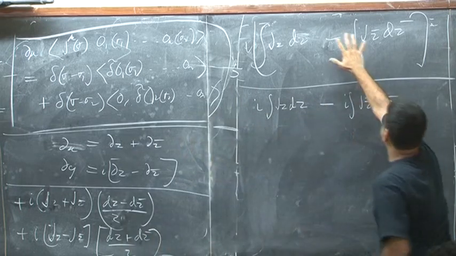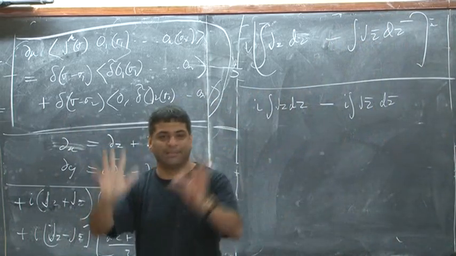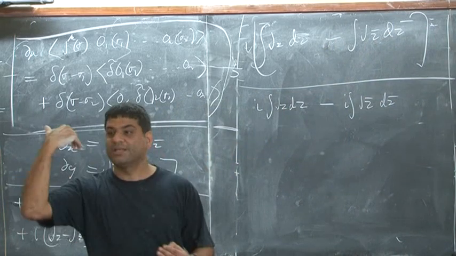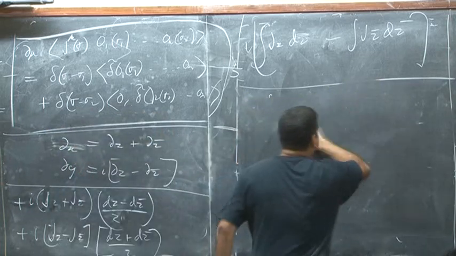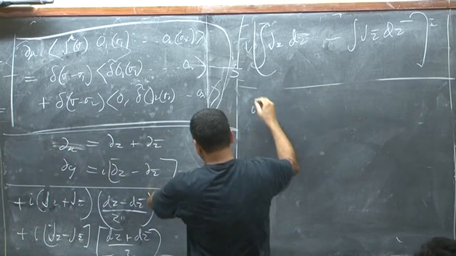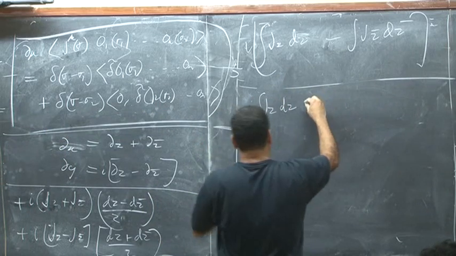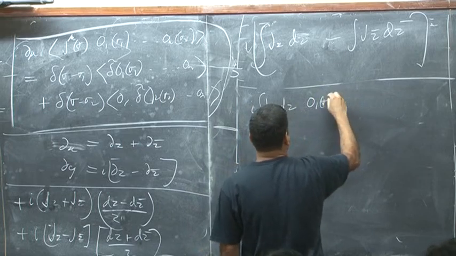Okay, let me ignore the jz bar dz bar term. It's just repeating everything I'm going to say. I'll pretend the jz bar dz bar term wasn't there, and then we deal with words later. So let me write down the formula so that we become more tractable. On I jz dz of O1 of sigma.